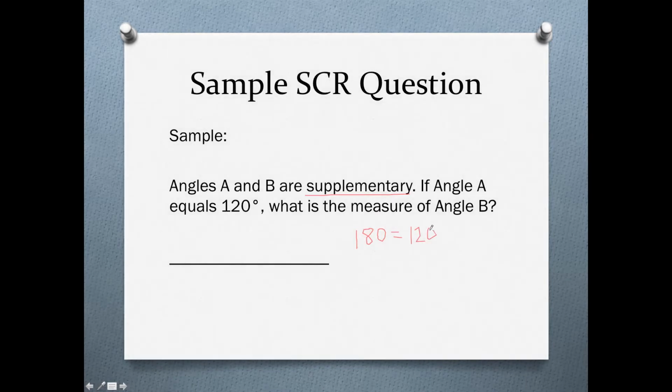It's simply a one-step equation. 120 plus B equals 180. And if I take away 120 from both sides, I'm left with 60 equals B. So for my answer, I'm simply going to put angle B equals 60 degrees.